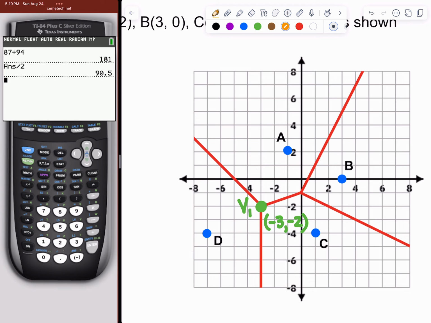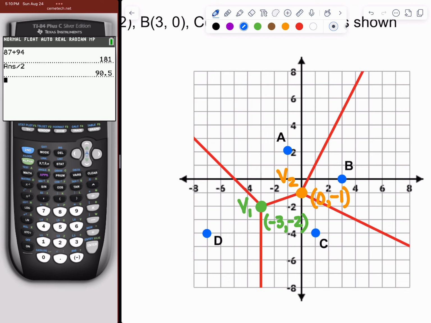And then I have another vertex here, which I'm going to call vertex 2. This vertex is located at (0, -1).